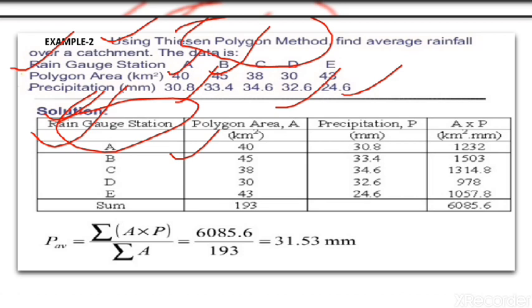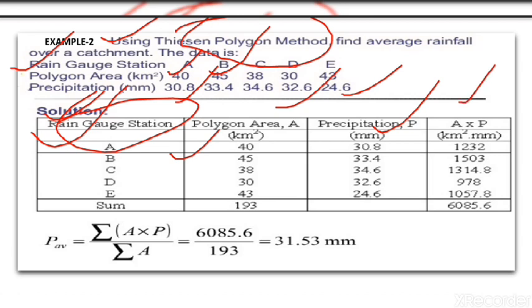The area is 40 square kilometers for station A, 45 for station B, 38 for station C, 30 for station D and 43 for station E. Next, in the third column, I have written the precipitation in mm: 30.8, 33.4, 34.6, 32.6 and 24.6.